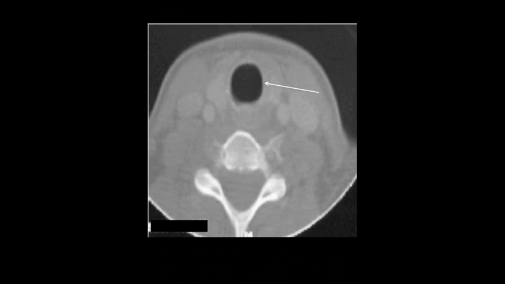Look at this CT scan of the neck. The oval-shaped dark structure is the trachea, and the white arrow points to a little white halo surrounding the front and the sides of the trachea, and this is, of course, tracheal cartilage.